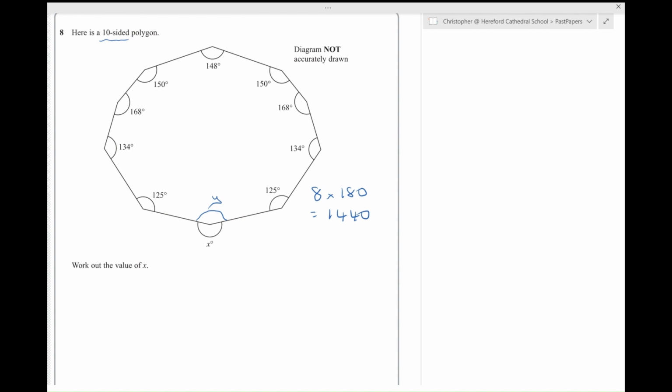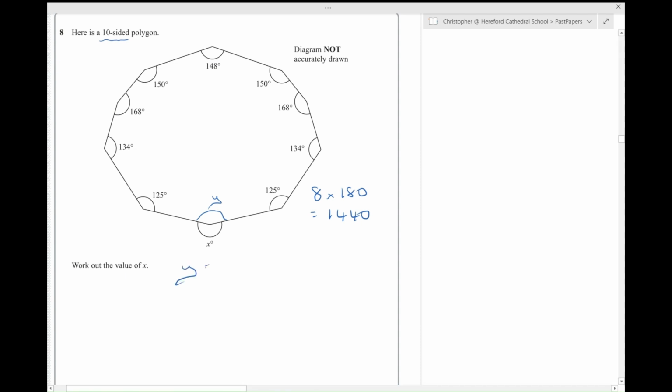And once I've got that total, I can subtract it away from 1,440, and that will give me a value for y. So all those interior angles add up to 1,302.